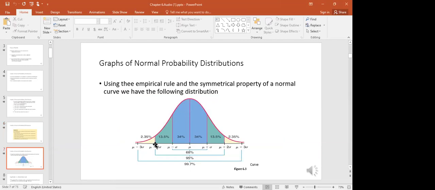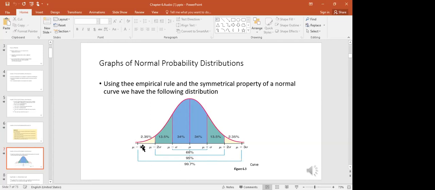So this is a normal distribution. We can see that within one standard deviation, that is from mu minus sigma to mu plus sigma, we have 68% of values, which is shared between the 2 sides of the mean, 34% to the left, 34% to the right. Between the first and the second standard deviation, you have 13.5% here and 13.5% here.